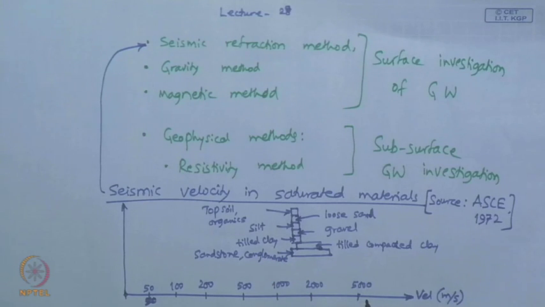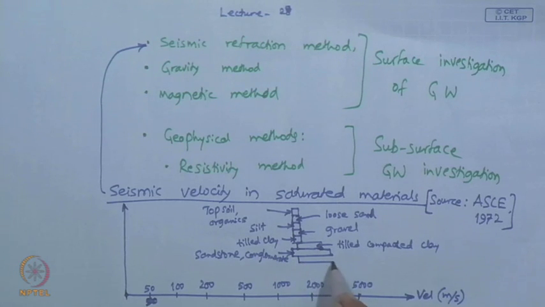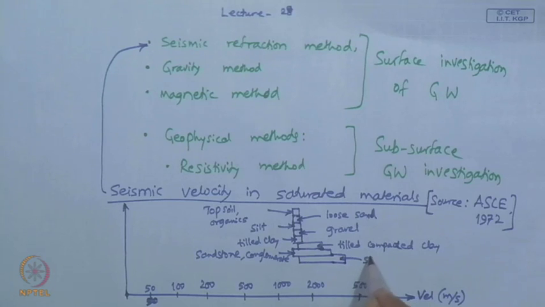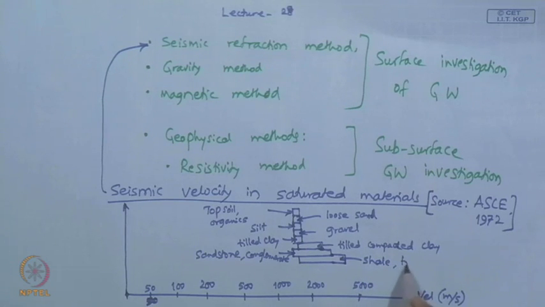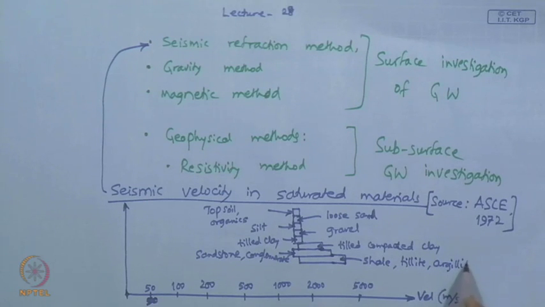So, next is shale, tillite and argillite. It will have a higher range.